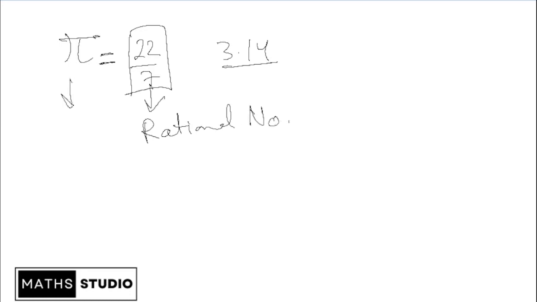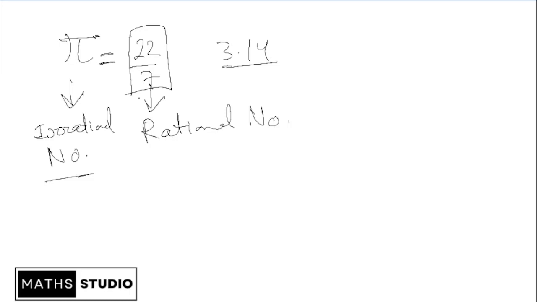Fine. Now pi, if you look into details anywhere else, it's an irrational number. Okay, so here I am saying pi is an irrational number and 22 by 7 is a rational number. How can a rational number and an irrational number be equal? Obviously it's a very genuine doubt or question.